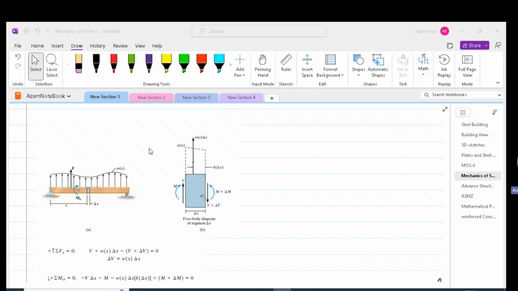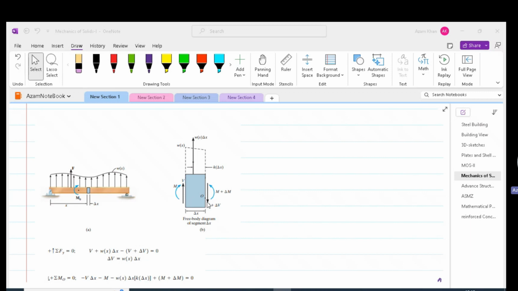This whole free body should be in equilibrium if our structure as a whole is in static equilibrium. On this portion, we have load W of x applied, and the total load will be W of x times delta x.